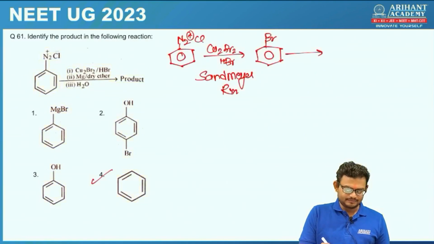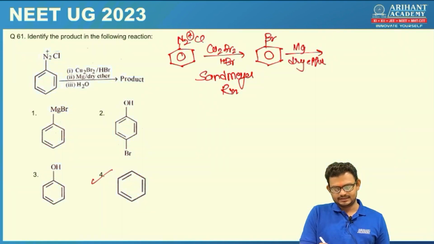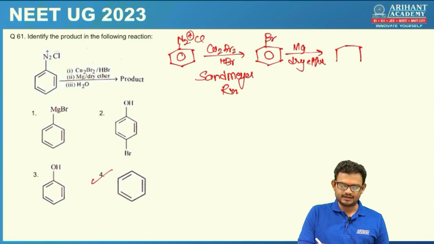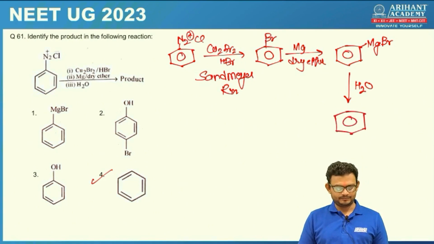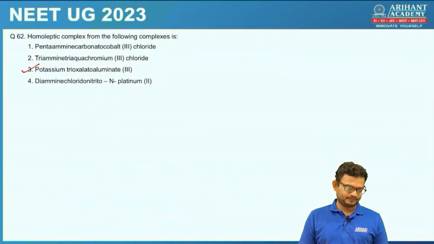In the second step, you react it with magnesium in the presence of dry ether, and it would generate a Grignard reagent, ArMgX type, and this reacts with water. So definitely an acid base type of reaction results in the formation of benzene. So that's the fourth option. Let's go to the next one.